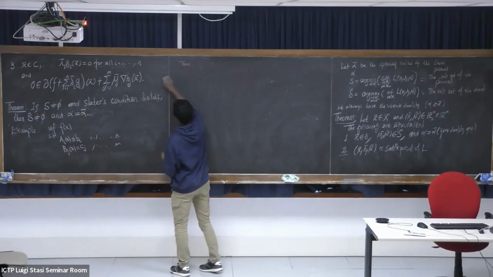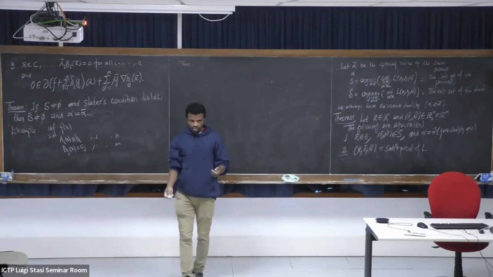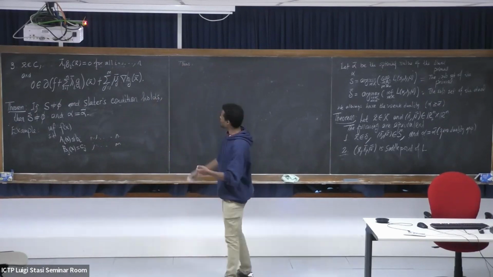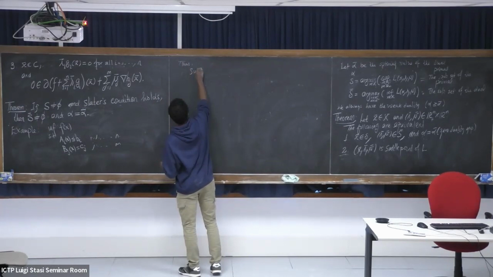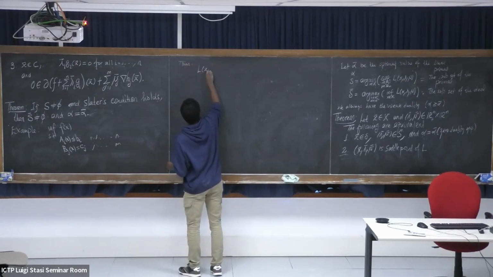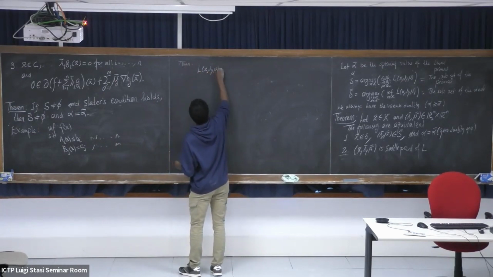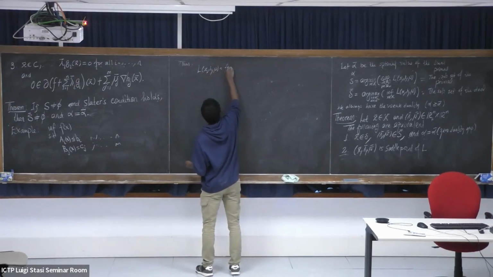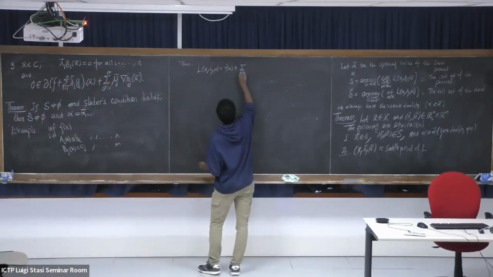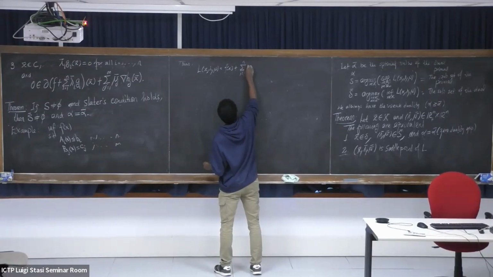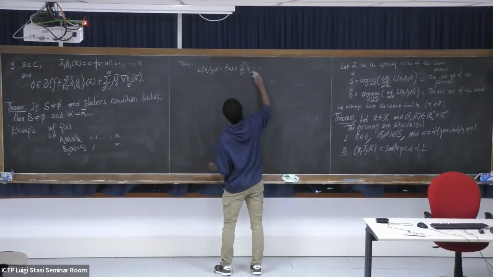Let's see the dual function. If you take the Lagrangian, it is this. What is our g_i?